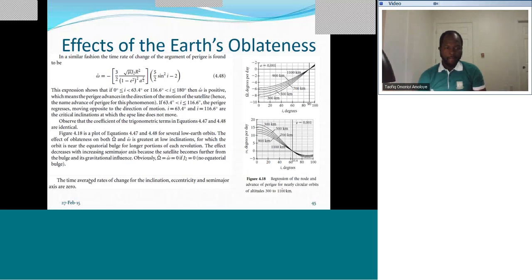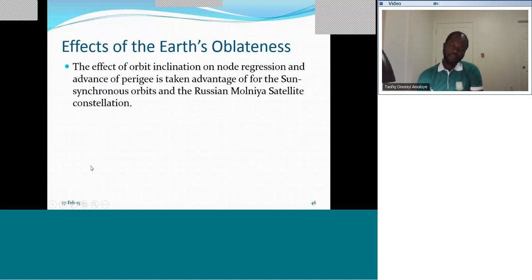The time average rates of change for the inclination, eccentricity, and semi-major axis are all 0. The effect of the oblateness of the Earth has been taken advantage of in the design of sun-synchronous satellites and the Russian Molniya satellite constellations.